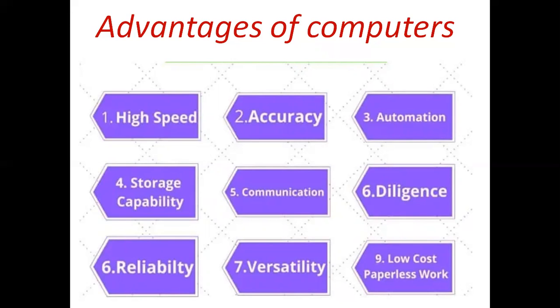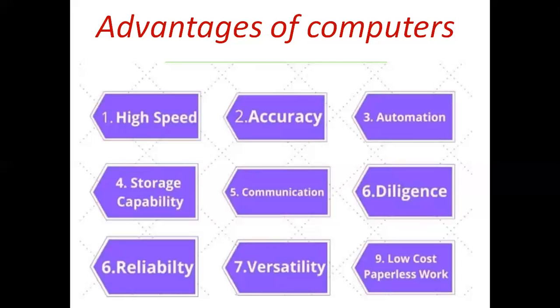Then it has a huge amount of storage capability. Then we use it for communication. Sitting in one place we can communicate with the other end of the world. Then diligence, it gives the accurate result. Then reliability, versatility, then low cost, finally paperless work, right? These are all the advantages of the computer.